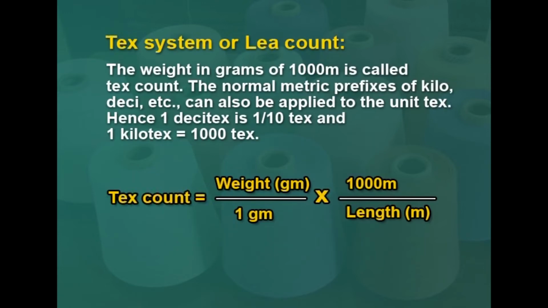Here we have two more, the tex system, or we call it the Lee system also, where the weight is in grams of 1000 meters of yarn, and we can also call it a decitex or a kilotex, like the metric prefixes can also be used to denote the count of the yarn here. So, the tex count will be again weight into 1000 meters by 1 gram into the length of the yarn.